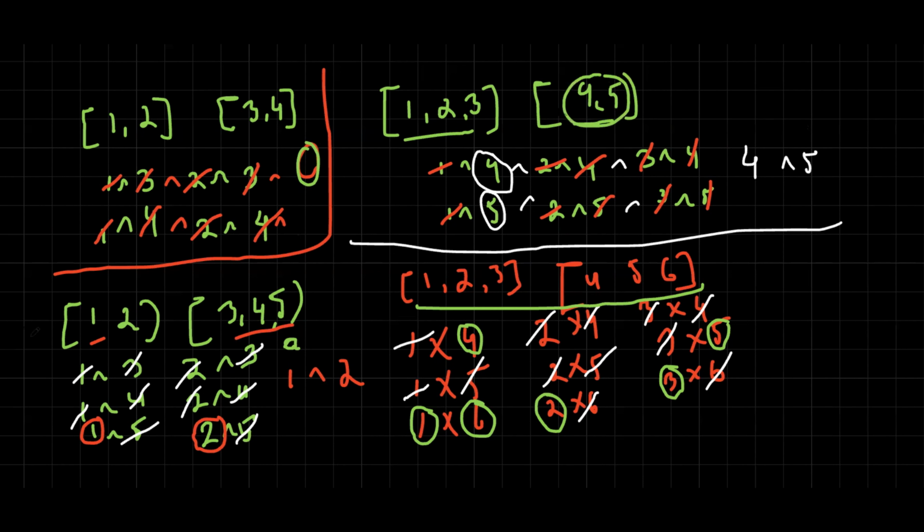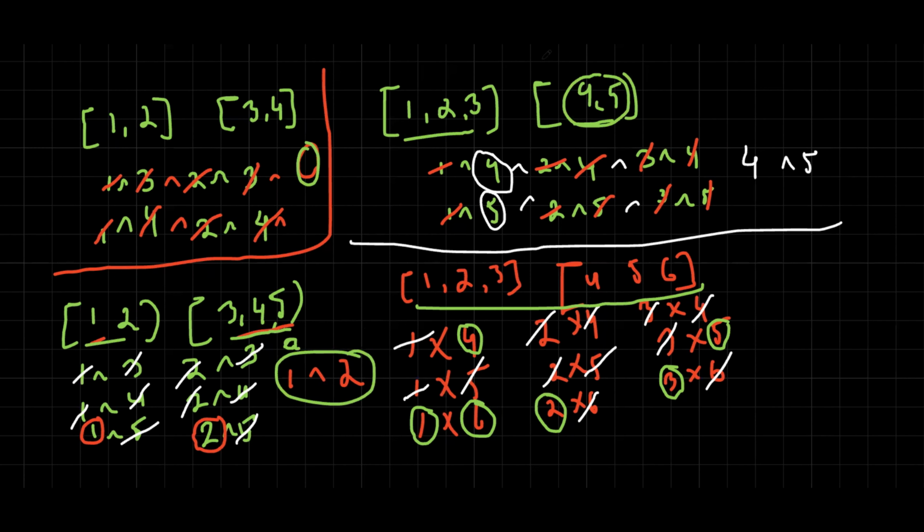Similarly, if the first array length is even and the second array length is odd, the output will be the XOR of all of the elements in the first array. Otherwise, if the length of both of the arrays is odd, that means here the output will be the XOR of all of the elements in both of the arrays. I hope you understood the algorithm.